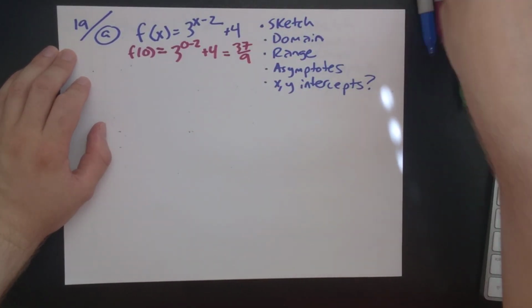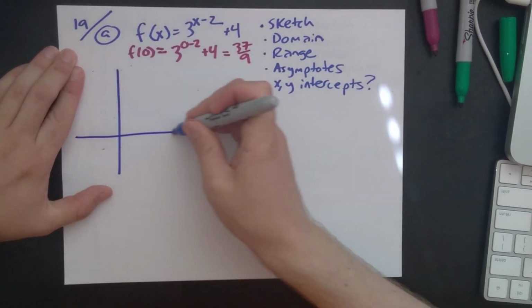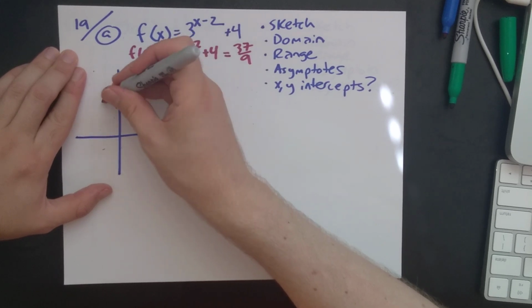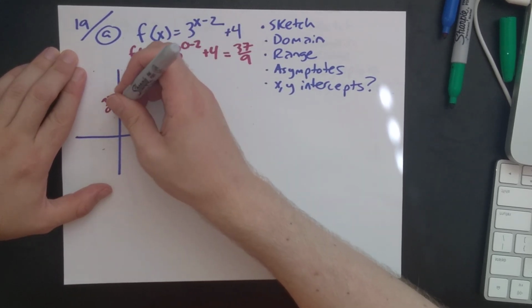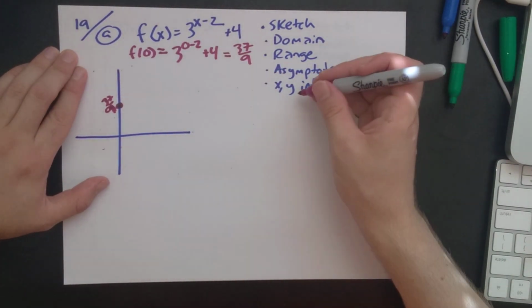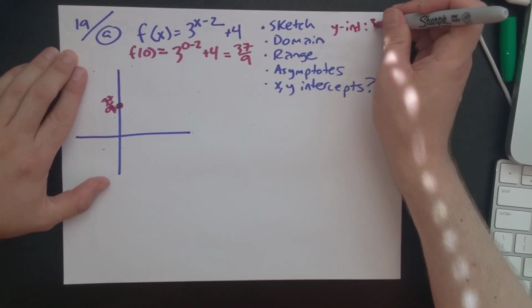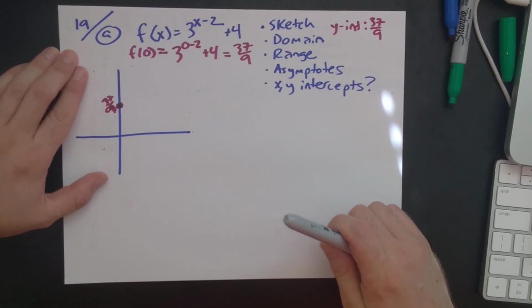Let me start drawing a sketch here. So 37 over 9. My marker is a little bit thick there, it's hard to read. So the y-intercept is 37 over 9. That's just what value you get for f of 0.